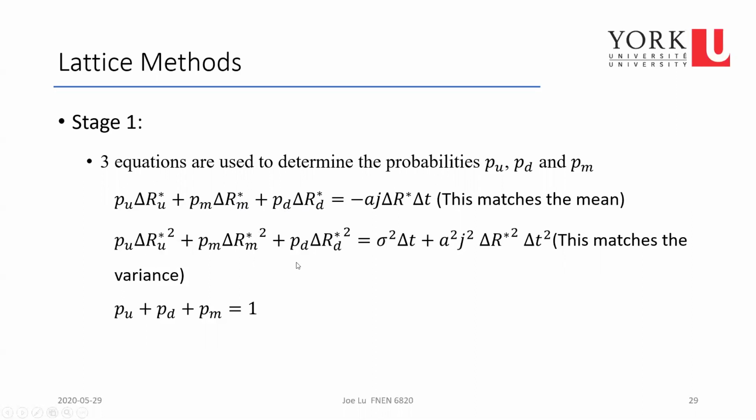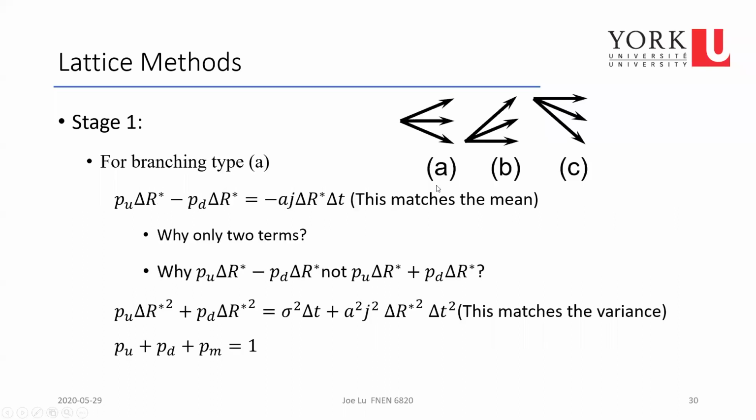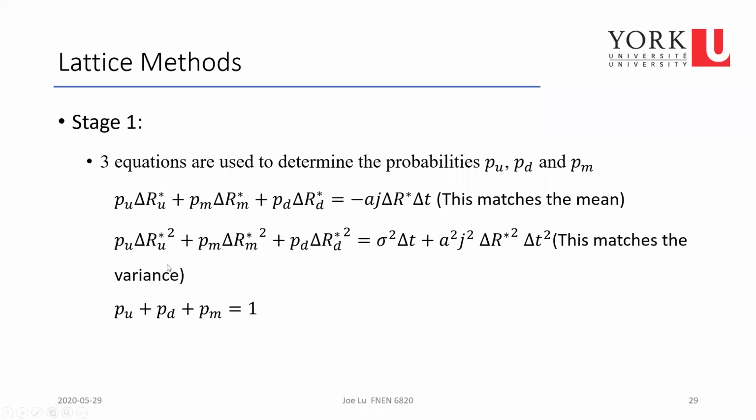Okay, so this is the expected square change, and here is basically the variance times delta T plus the square of the expected change. Now we should be able to calculate this under this generic condition for each of the branch types.